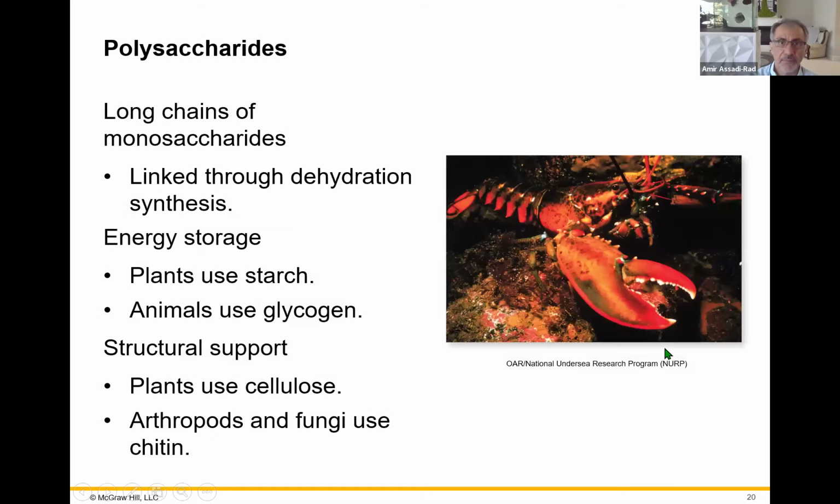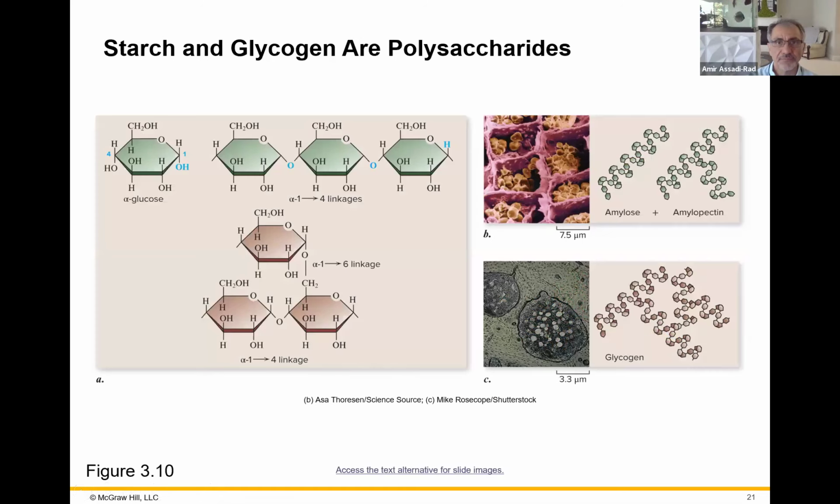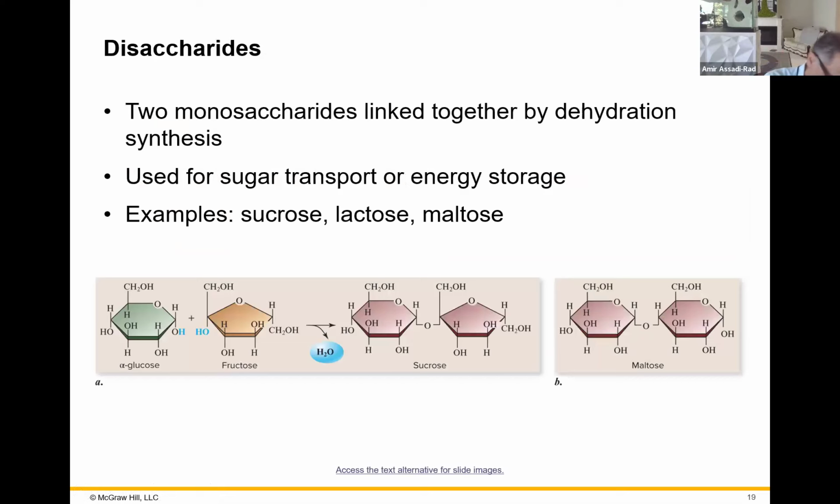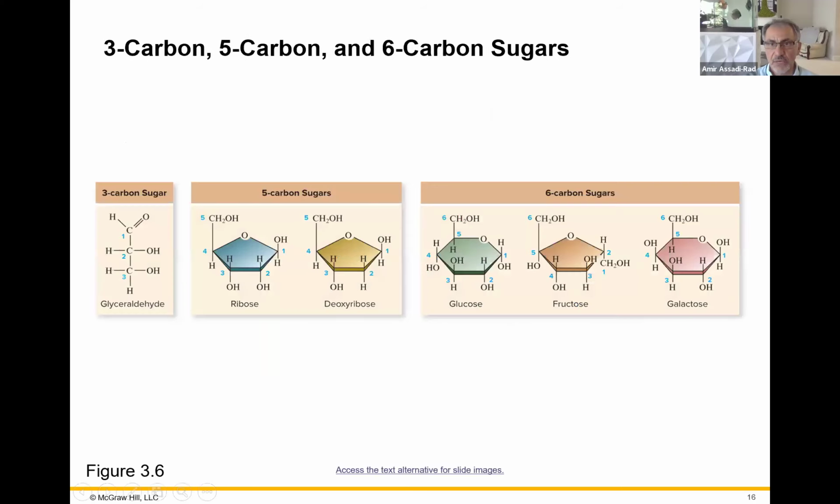Is it going to come up? No, it does not want to come up. I will put it up. I better draw it down. Okay, I will put up lactose in your PowerPoint. So lactose is glucose and galactose. Where is galactose? Right here.